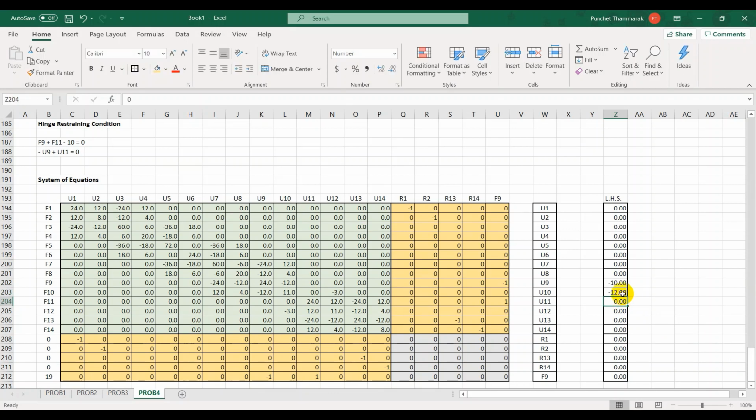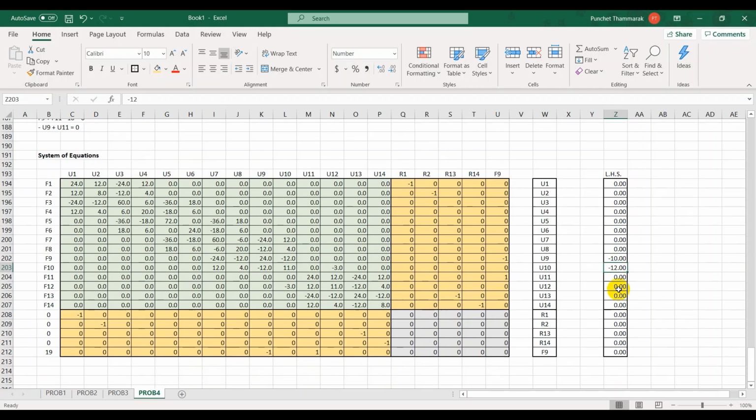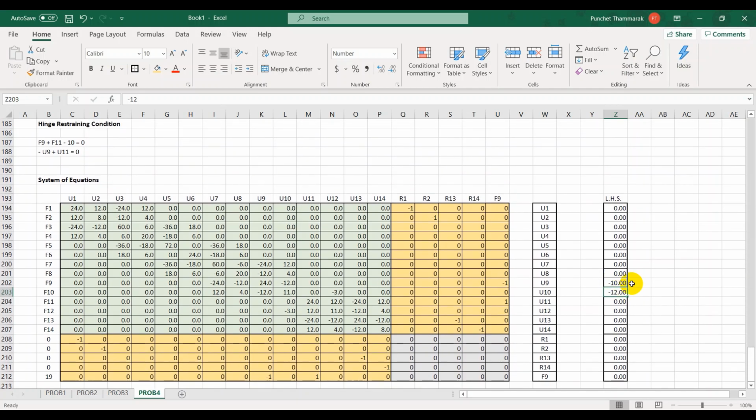Okay, minus 10, minus 12. So we keep the minus 10 over here, and we take F9 to the other side.